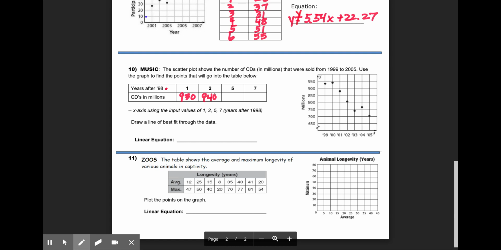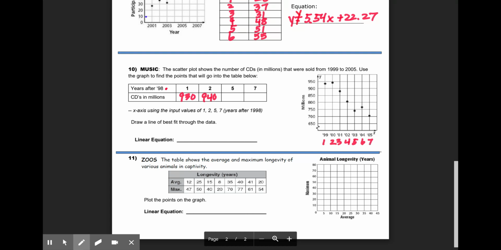The thing is that we want the year since 98. And so basically we want to count. So this is like 1, this is 2, 3, 4, 5, 6, 7.